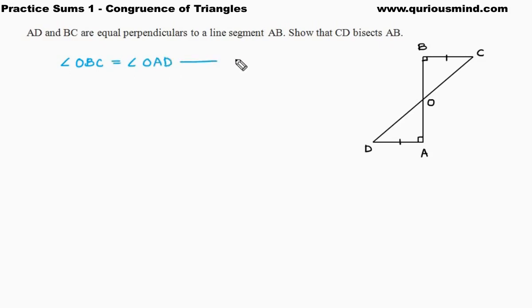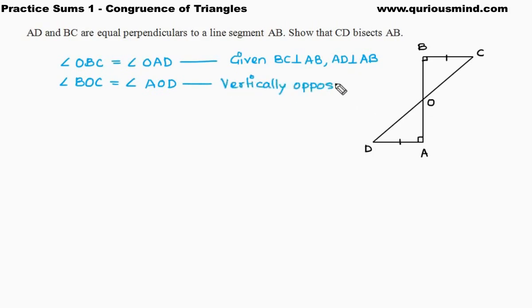It's given. They are both 90 degrees. Angle BOC is equal to angle AOD. Reason? Vertically opposite angles. Now since these two angles are equal to corresponding two angles of this triangle, the third angle also has to be equal.